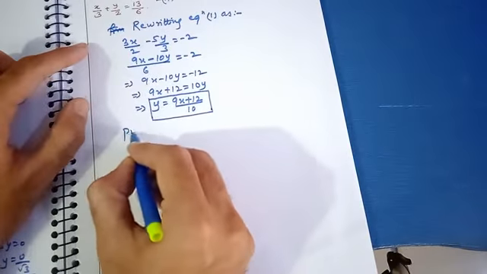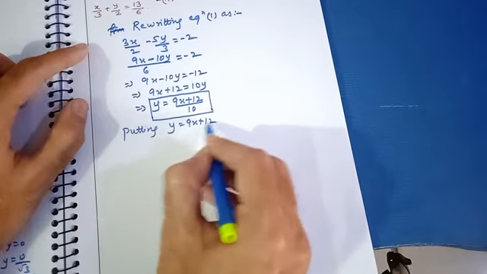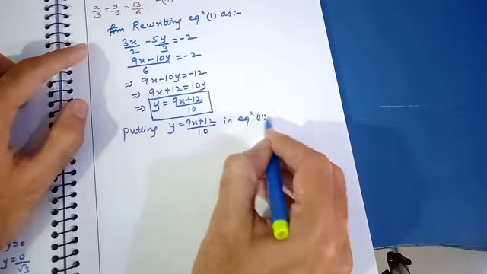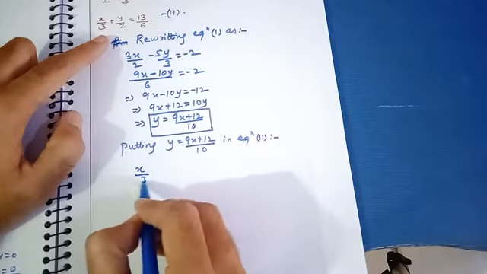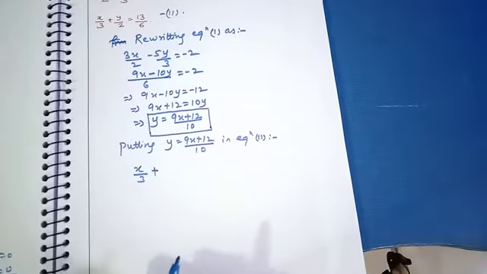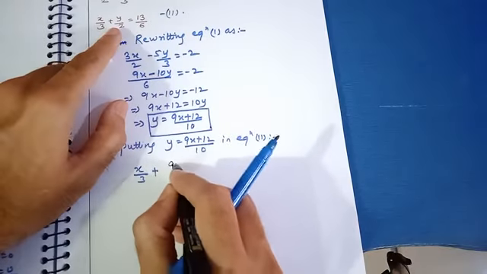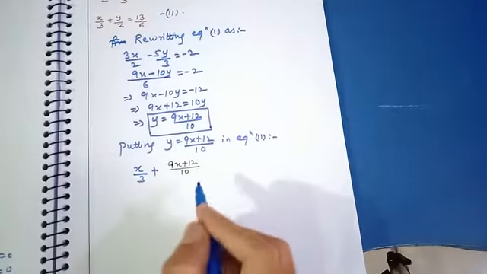So putting y equals 9x plus 12 upon 10 in equation 2, what we will get? Let us see. Here x upon 3 will be written the same, plus instead of y we will write 9x plus 12 upon 10. Is that clear?